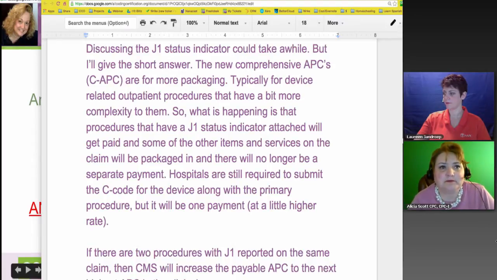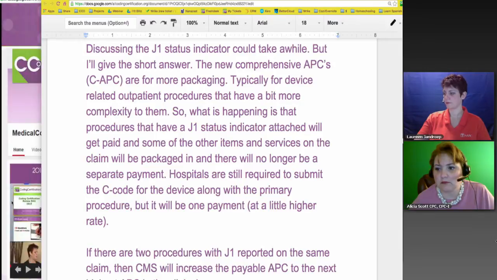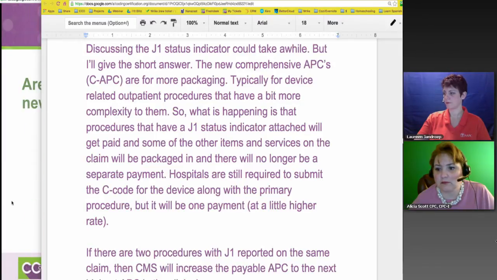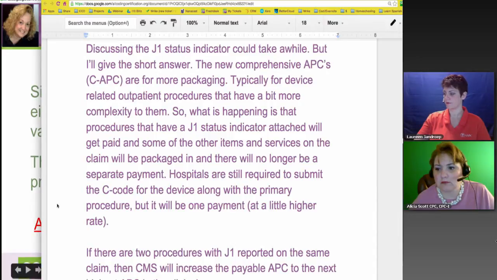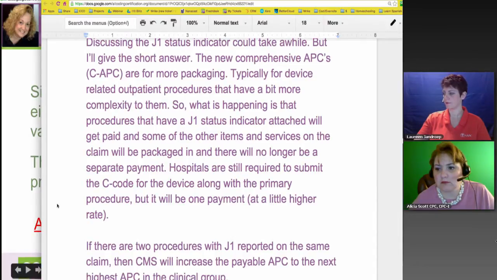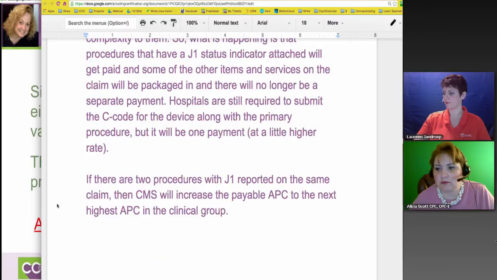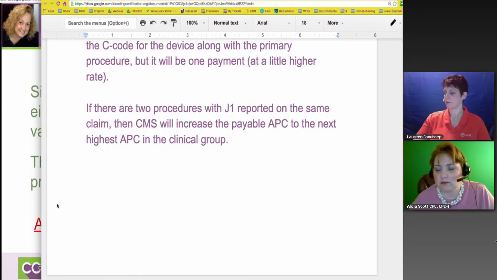So for 2015, when we code that CPT code, this J1 indicator is going to be on there saying that it is packaging the device in with the procedure. We still have to code for that device. Those C codes still have to be on the claim form, but it's only going to be one payment. It's not going to be separate payments like it has been in the past.